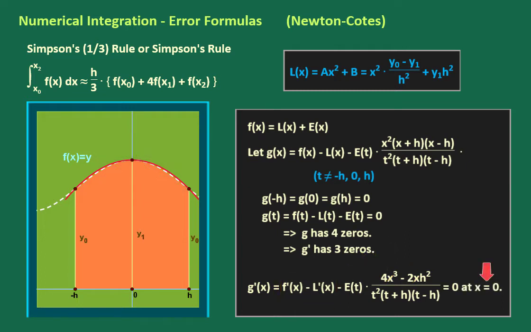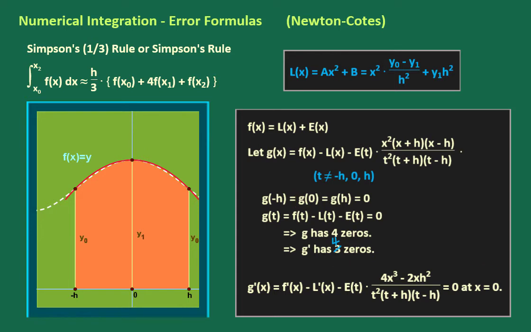Now x equals 0 is one of the 4 zeros of g that we used to form the gaps where we found the first 3 zeros of g prime. And so x equals 0 is not one of the 3 zeros we had previously confirmed for g prime using Rolle's theorem. So x equals 0 is a fourth zero for g prime, and we now know that g prime has at least 4 zeros.